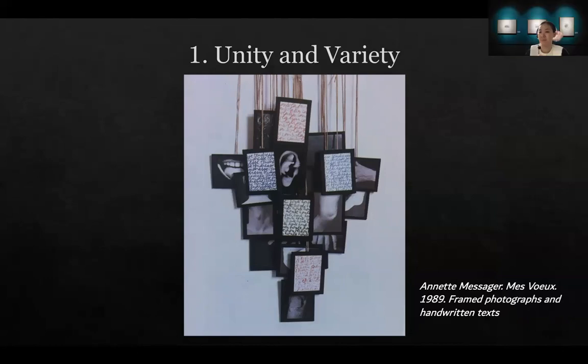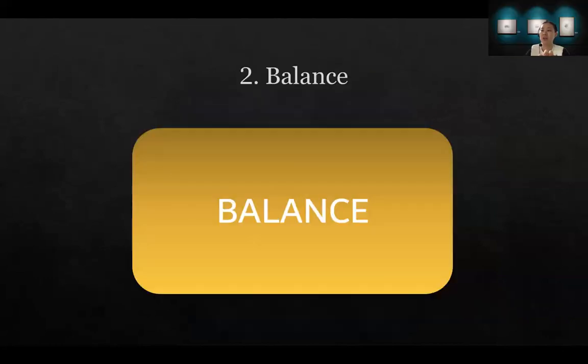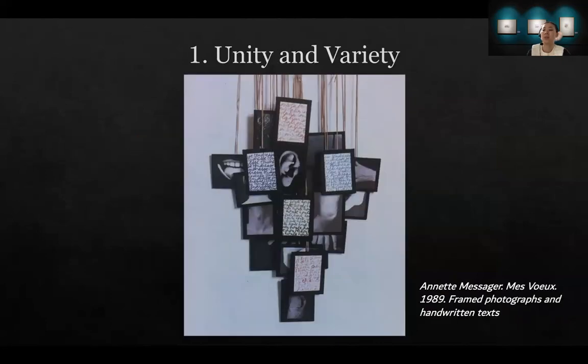Yeah, very good. So when we see the composition, it looks very natural, and we can find unity in this composition. And also, the text art is different, but we can see the variety with the different colors and textures in the frames, and the photographs show different body parts.